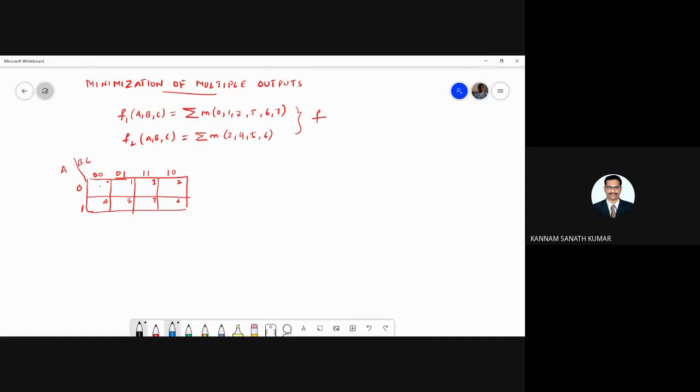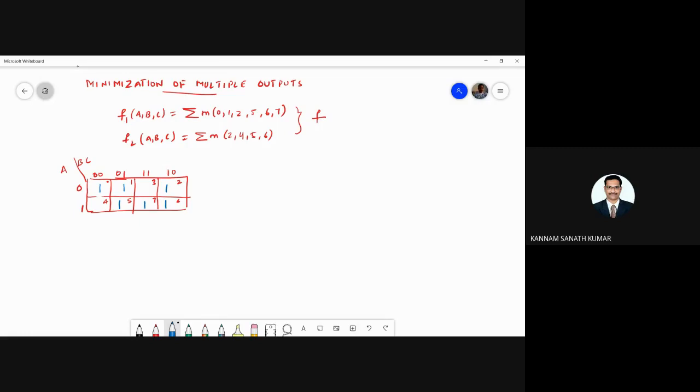For F1, at 0 you write 1, again 1, 2, and next 5, 6, 7.